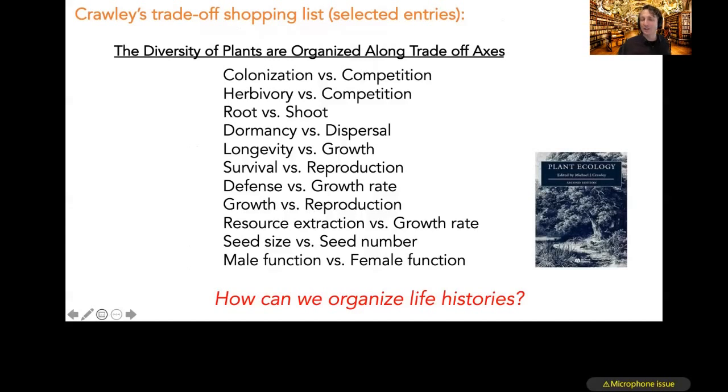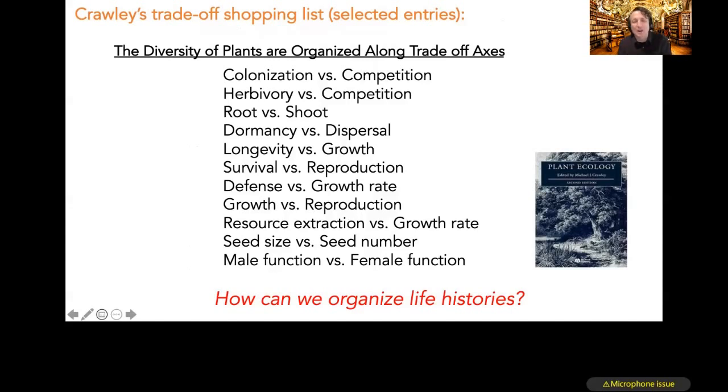Plants can be good colonizers of an environment, or they can be bad colonizers but be really good competitors. So you can trade off colonization with competition. You can trade off between herbivory and competition. You can allocate to either more roots versus more shoots. You can allocate to being a highly dormant seed, right?